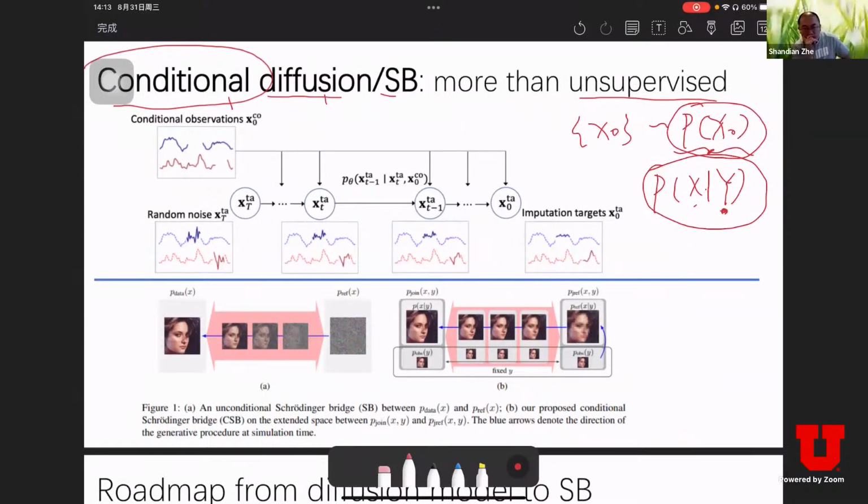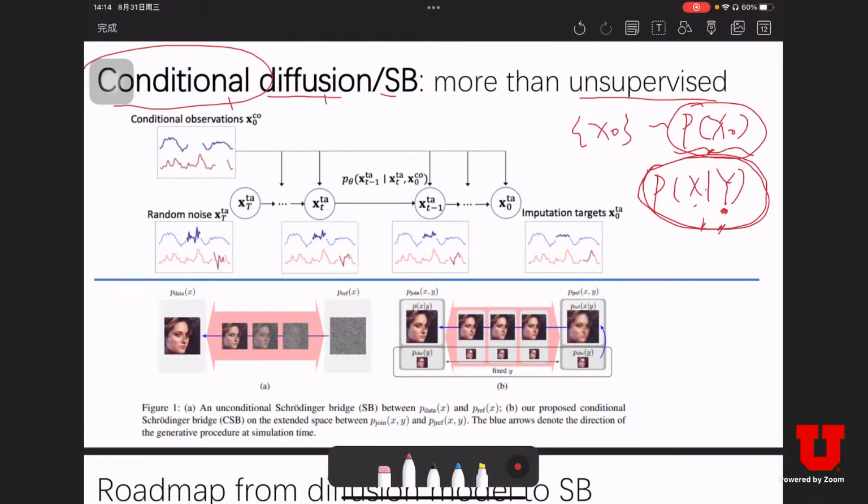Of course, there is some technical modification you have to do to make this conditional distribution match the diffusion or Schrödinger bridge settings. There are lots of works with different methods that do that. But the big idea is just to use this framework to model the conditional diffusion.